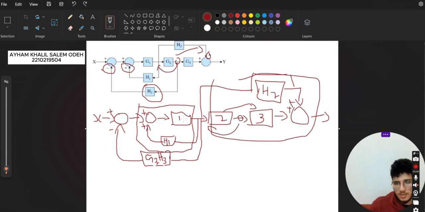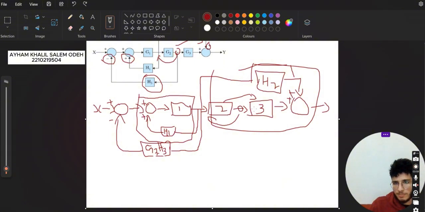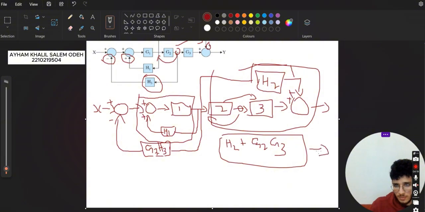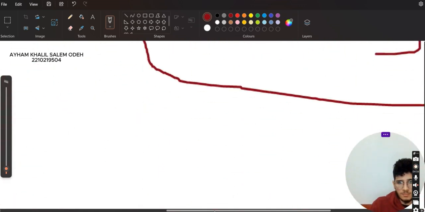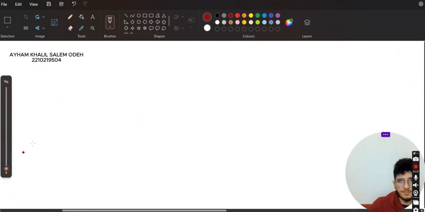Okay, that's getting a bit untidy. Let's group up this thing. So for this one, we're going to get H2 plus G2 G3. Simple block. And here we'll get Y. And as for this part, we have to move it over here.